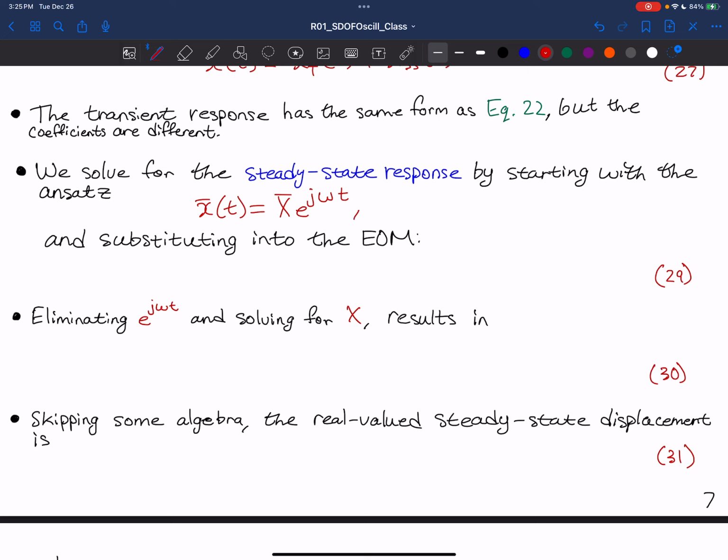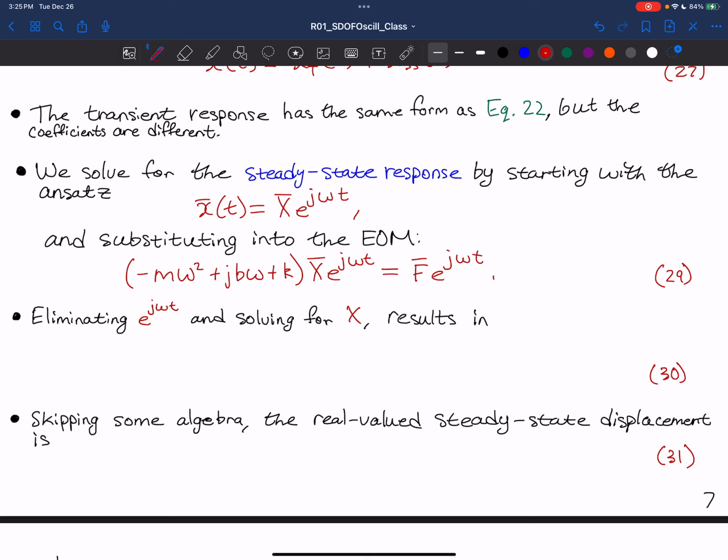We can then substitute that into our equation of motion, and we'll get the following: minus m omega squared plus j b omega plus k, multiplied by big X e to the j omega t, which is then equal to big F times e to the j omega t.